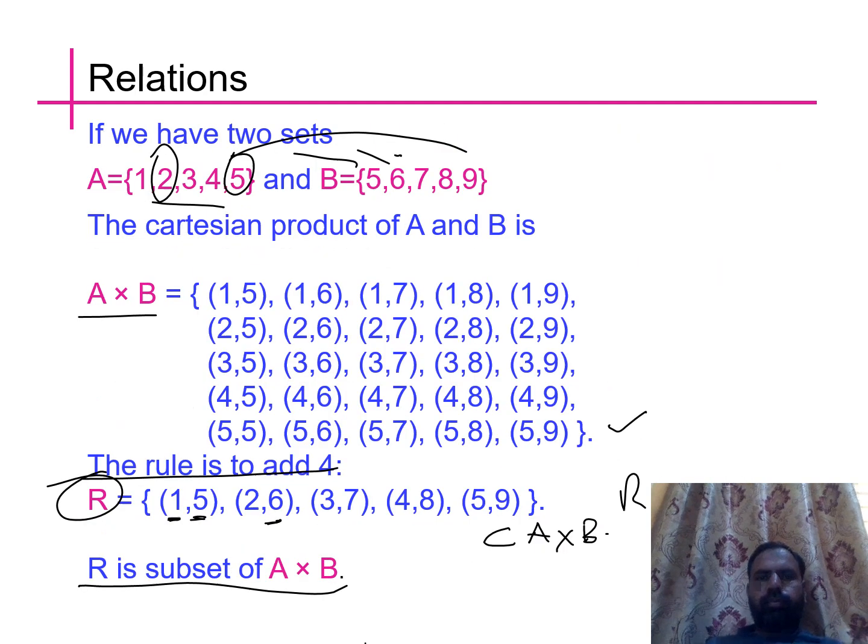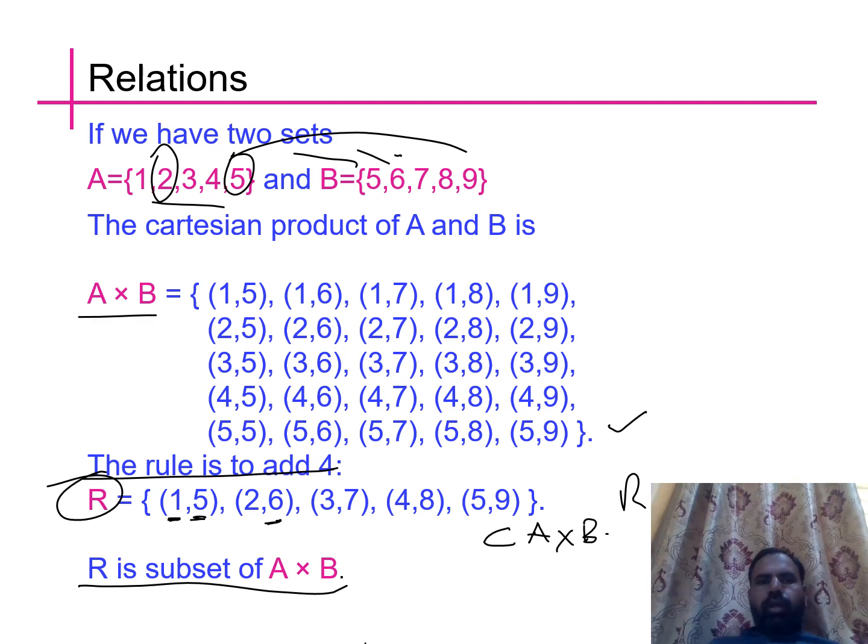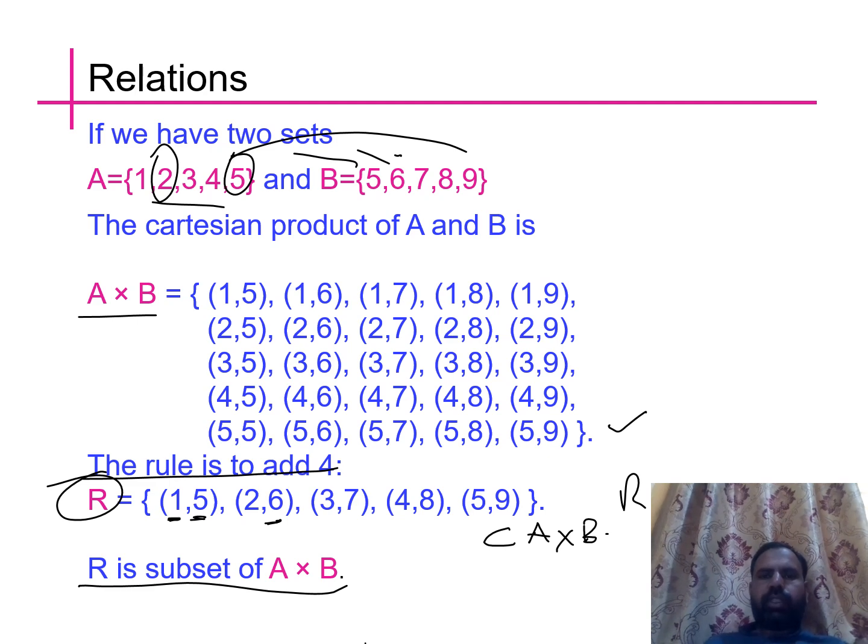If we have two sets, A is 1, 2, 3, 4, 5 and B is 5, 6, 7, 8, 9. The Cartesian product of A and B, as we have already discussed, is: 1 with each element of B, 1 5, 1 6, 1 7, 1 8, 1 9.